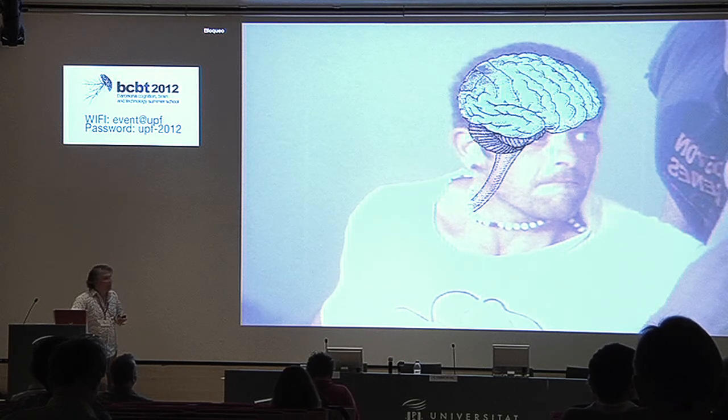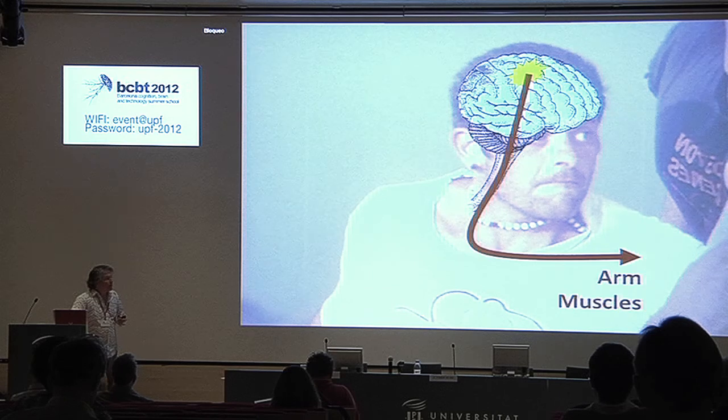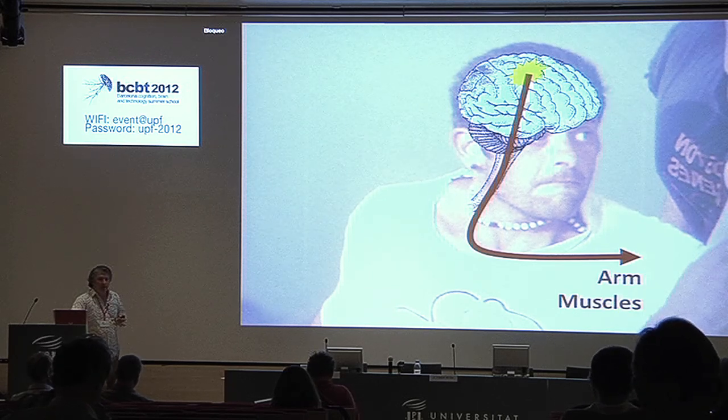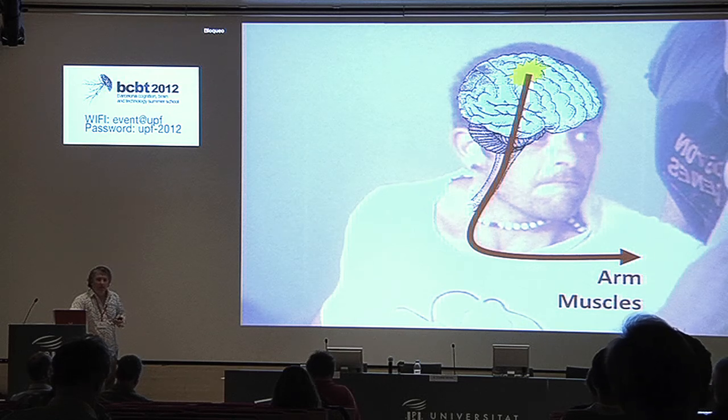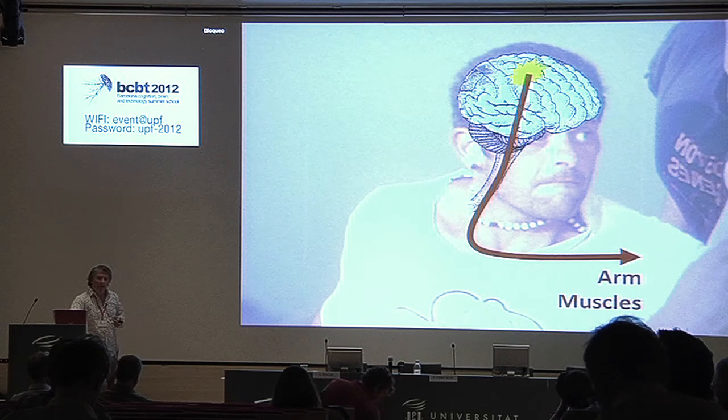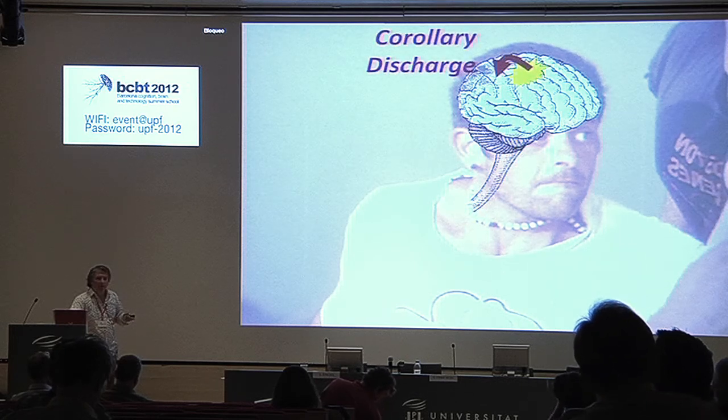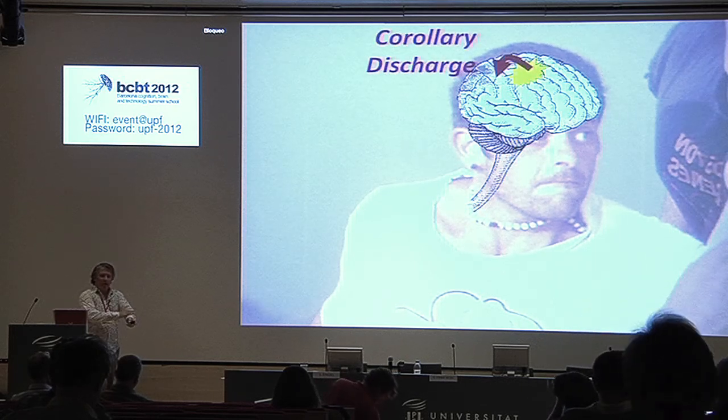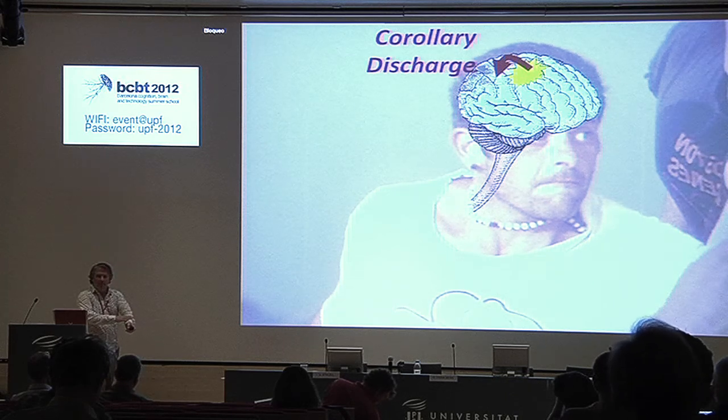Similarly, if you're reaching out to touch something, you will move your arm muscles, of course. And the concept of corollary discharge is that these arm muscle movement commands will also be fed to somatosensory cortex so that you can interpret correctly the input that you're going to receive on your skin.